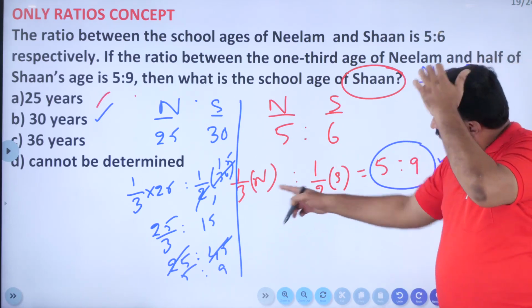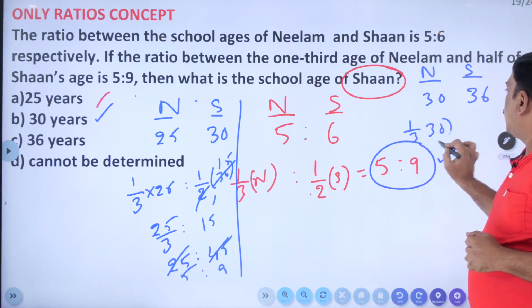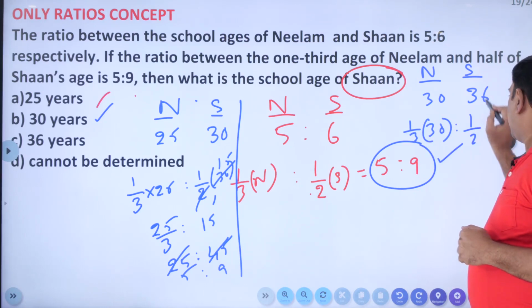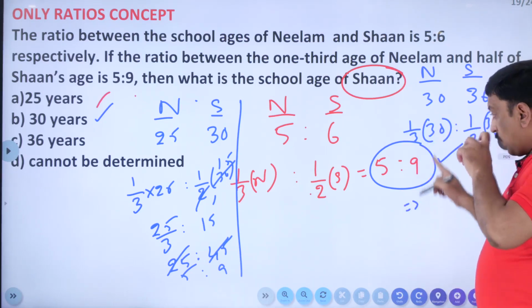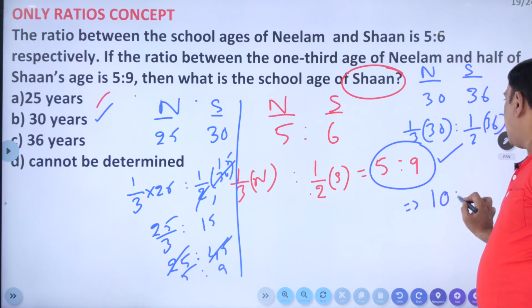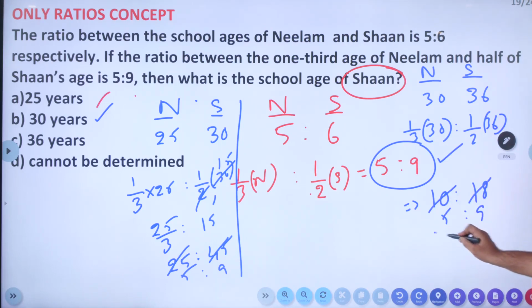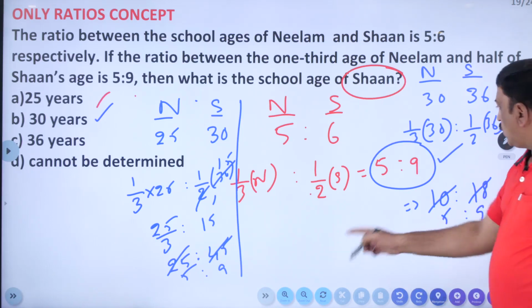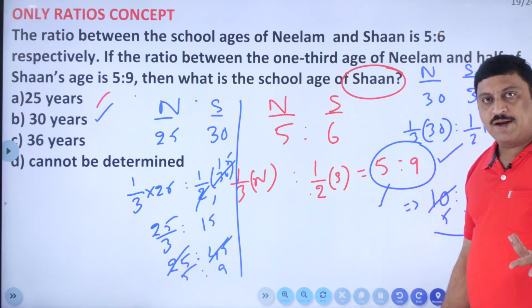Then 1/3 age of Neelam, 1/3 of 30, and half of Shan, that is 36. This will be easy. Then 1/3 of 30 is what? 10. Half of 36 is what? 18. So it is 2 5s, 2 9s. 5:9. This is also 5:9 only. There also it is 5:9. How many answers will you get?